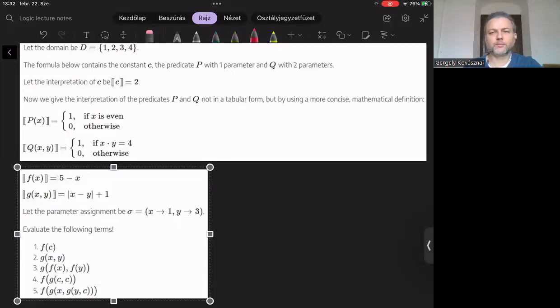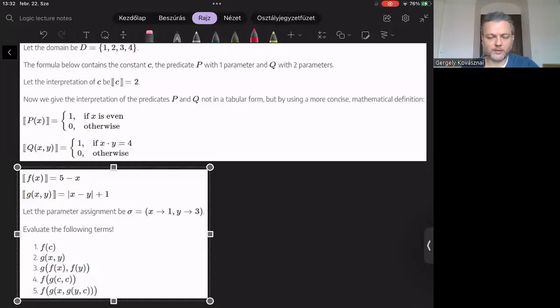I would like to highlight that functions differ from predicates. Functions always compute a value from the domain, while predicates always compute a true or false value. Furthermore, in this exercise, there is a parameter assignment given, which assigns 1 to x and 3 to y.